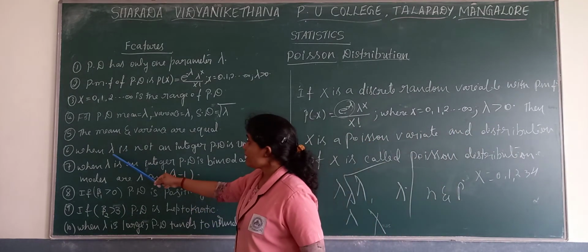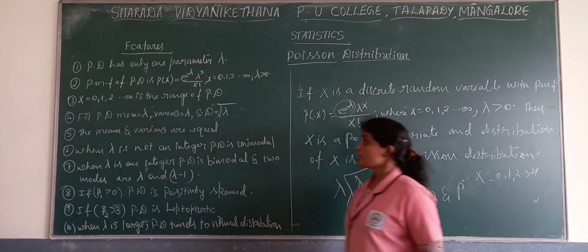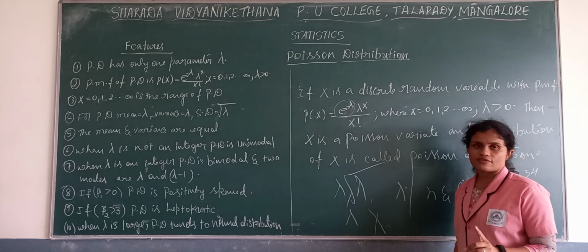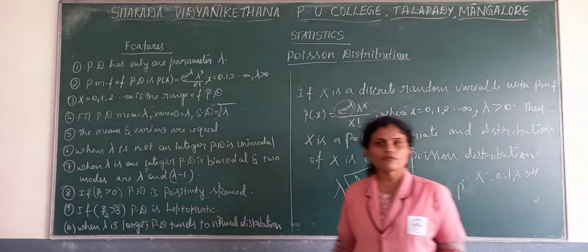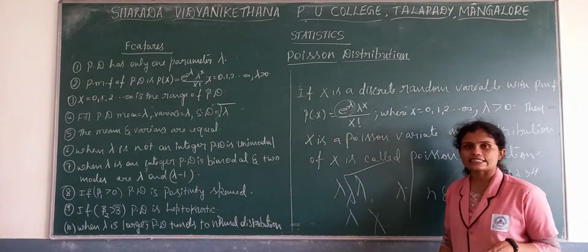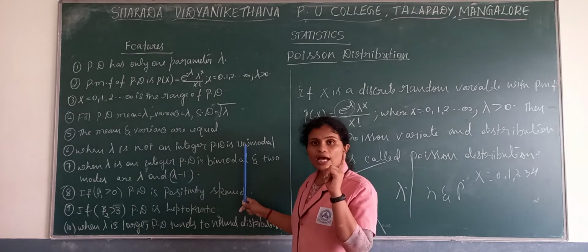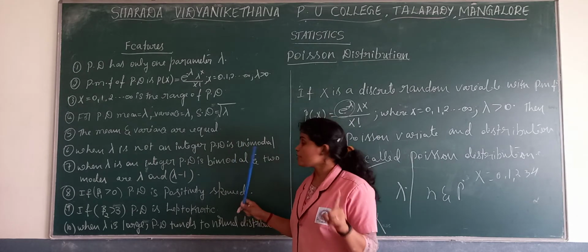Then when lambda is not an integer, Poisson distribution is unimodal. If lambda value is not an integer, then we have only one mode value. Unimodal means one mode value.